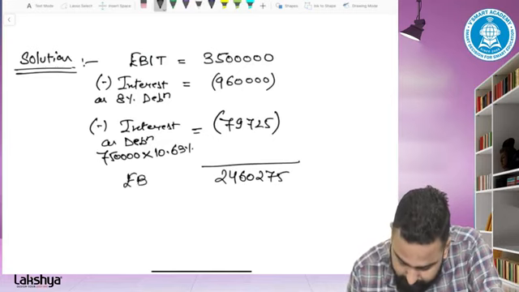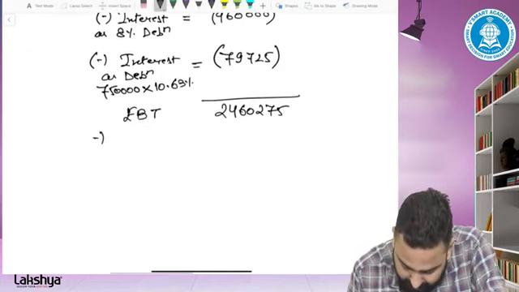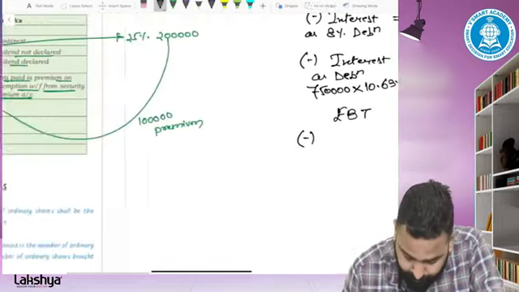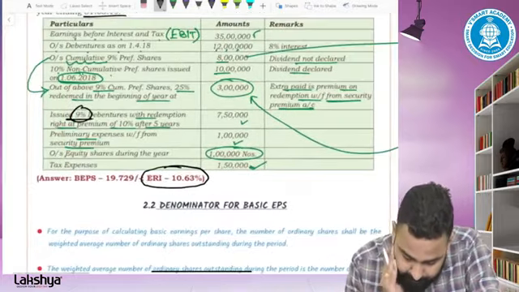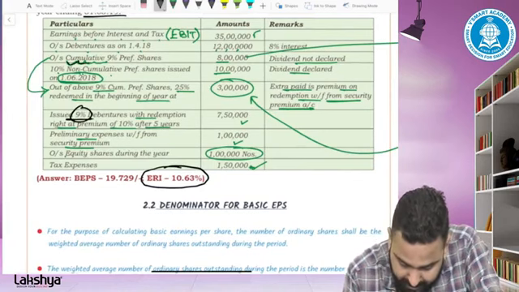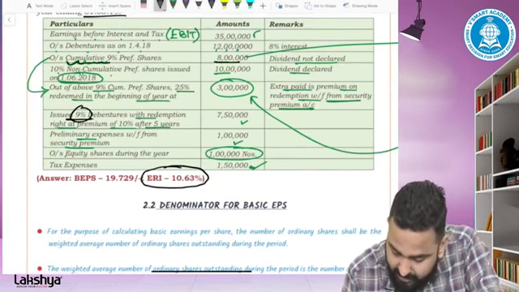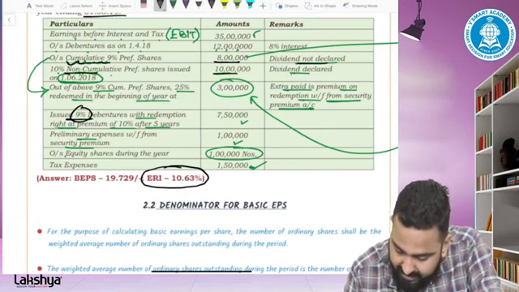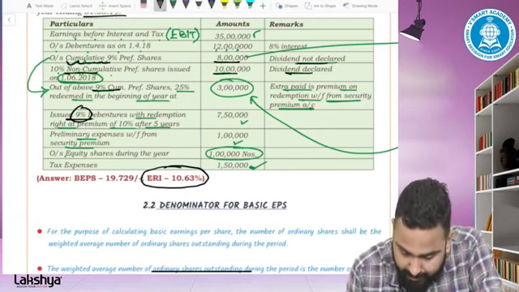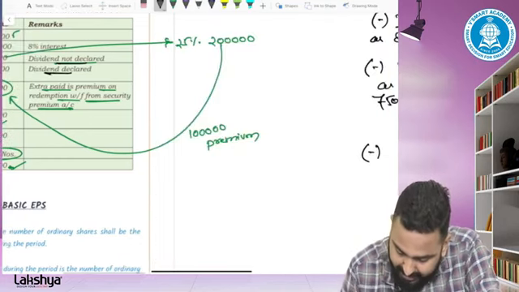It is EBT, and after EBT, there are some more things like 9% cumulative preference shares 8 lakh, dividend not declared. Non-cumulative preference shares 10 lakh, dividend declared. Out of 9% cumulative, 25% redeemed in the beginning of the year at 3 lakh. So 1 lakh is the premium.